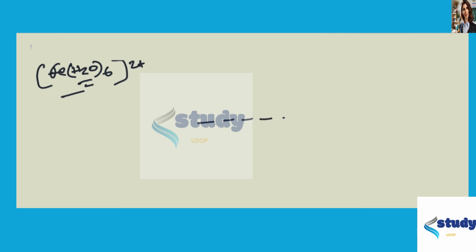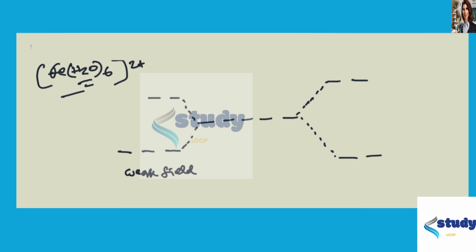So if we just draw it in both ways, one for the weak field ligand, and we draw here another one for the strong field ligand.